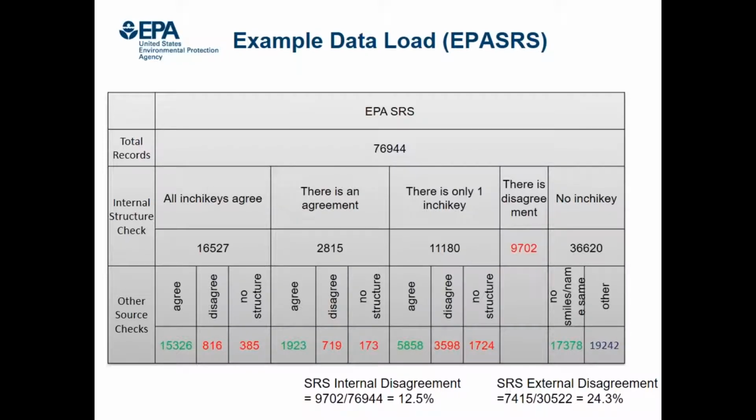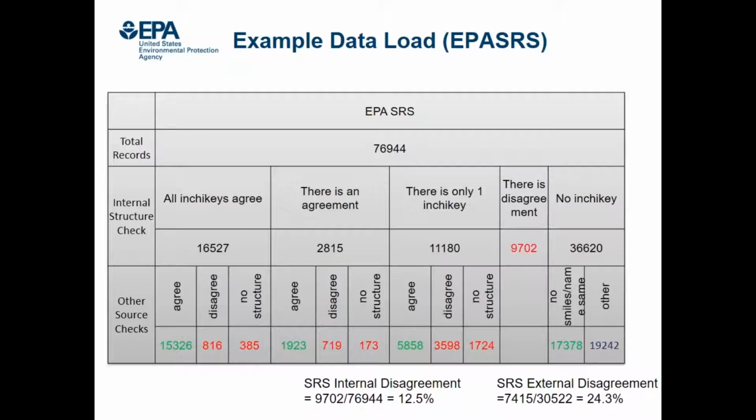And that was EPA SRS, which is the Substance Registry System at EPA, a public listing of all the identifiers that are important in the regulatory domain according to the EPA. And then ChemID Plus, which has been generating and storing public cheminformatics data for the government for a long time. And then we also pulled in PubChem.